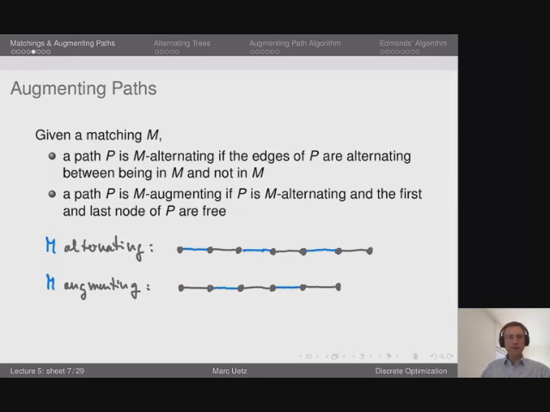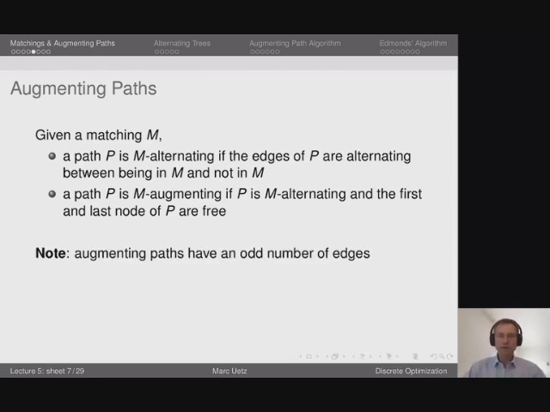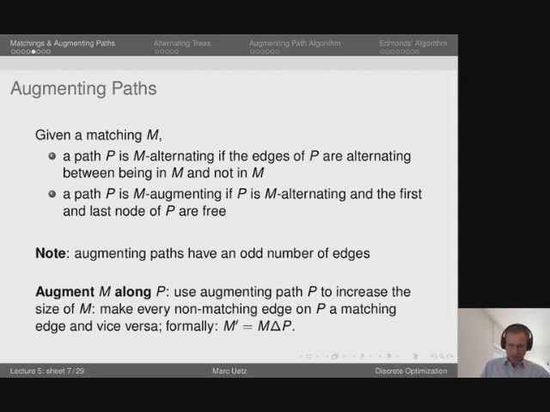By definition, an M augmenting path must have an odd number of edges. That is because we alternate between matching and non-matching edges, and the first and the last edge on this augmenting path must be non-matching edges, right? Now, thinking algorithmically, if we are given some matching M, we can augment this matching M along an augmenting path P. That just means I use this augmenting path P to increase the size of the matching by exactly 1.